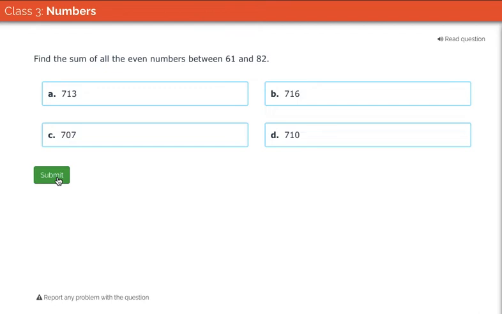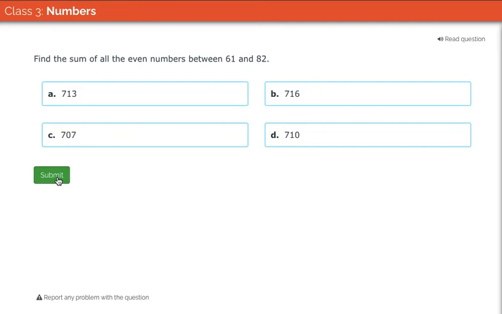The even numbers are 62, 64, 68, 70, 72, 74, 78, 80. Now between, so we don't need to count 82. I mean 62, wait, we have to count 62. And we don't need to count 82.